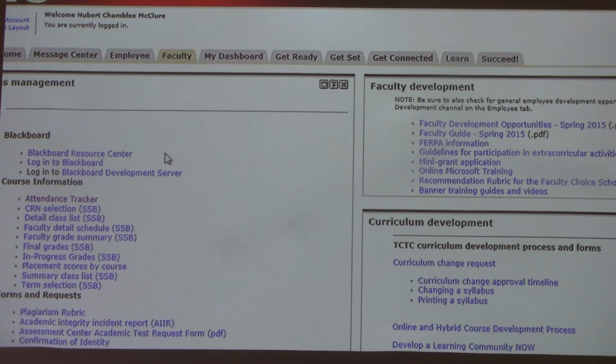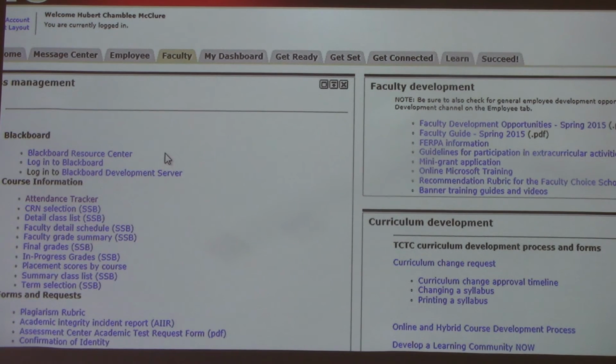Enrollment begins October 26th, the end of the month. You've got 4 weeks to go by your advisor's office.